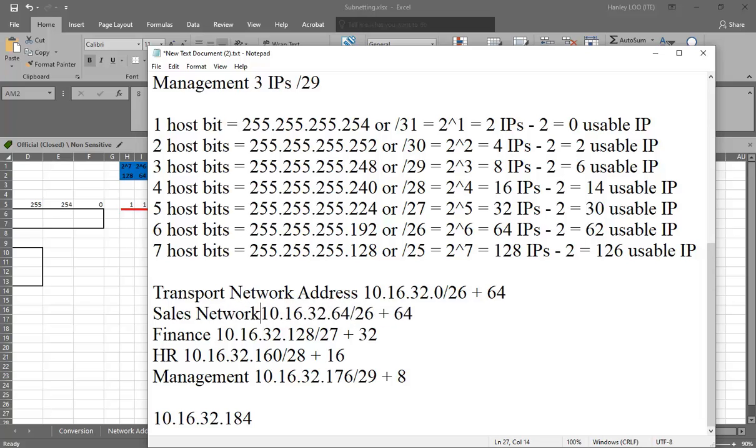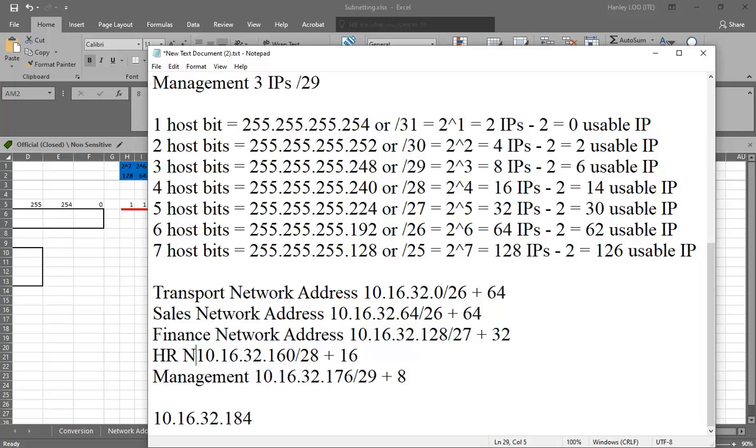And you still remember about fixed length subnet mask from the previous video. In order to get the broadcast address of the different groups, I just need to minus 1 from the next network address, in order to get the broadcast address for the previous group, or the previous subnet.